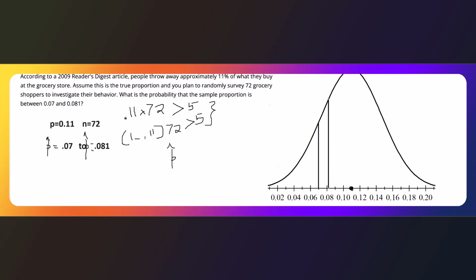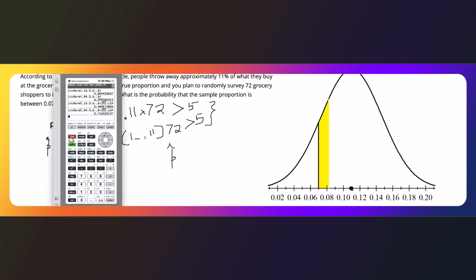So we have to answer what this proportion is going to be, and we can just go to our calculator, which is pretty straightforward. We will go to normal CDF. Our lower limit is 0.07. Our upper limit is 0.081.